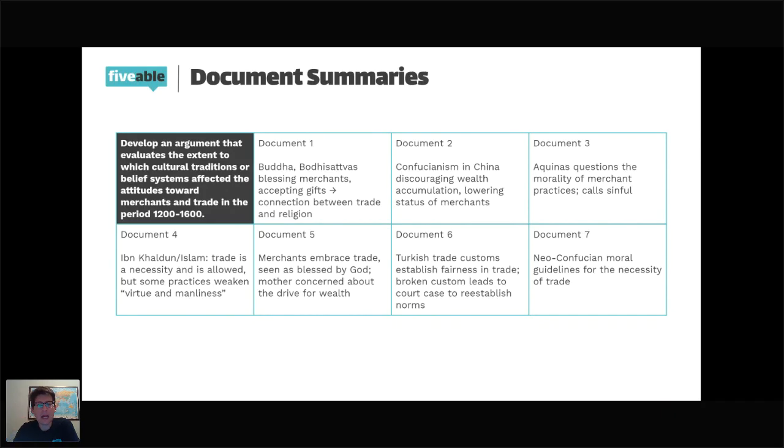So we want to think about the context in which the source was created, the time period it was made, and how Buddhism spread. Overall, we see a pretty accepting view of merchants and trade, which would have also encouraged more trade, perhaps creating more wealth, which in turn is being donated to the temple in the image.